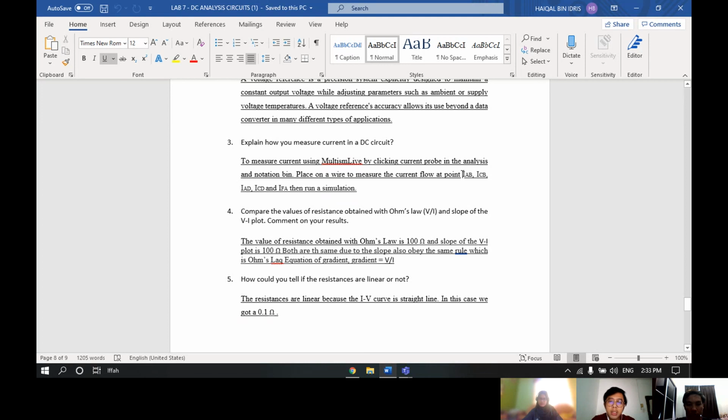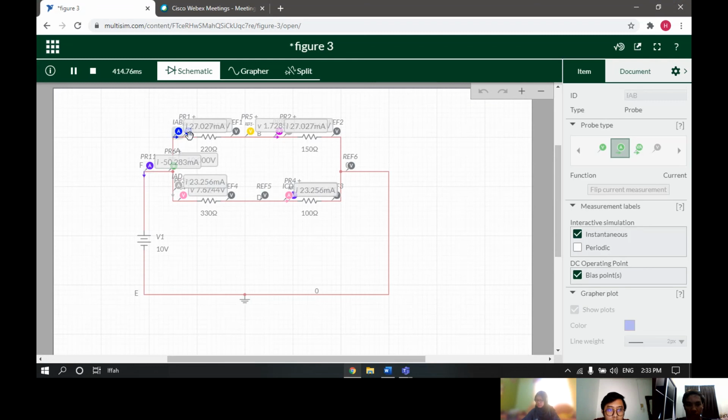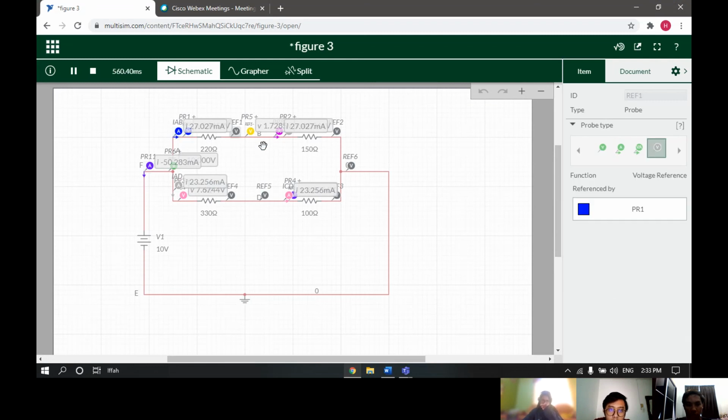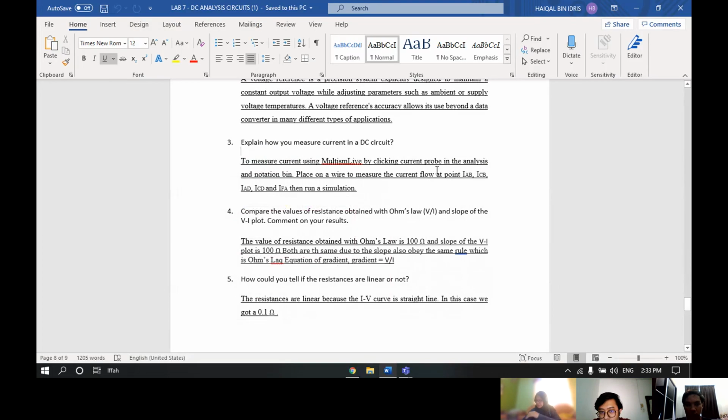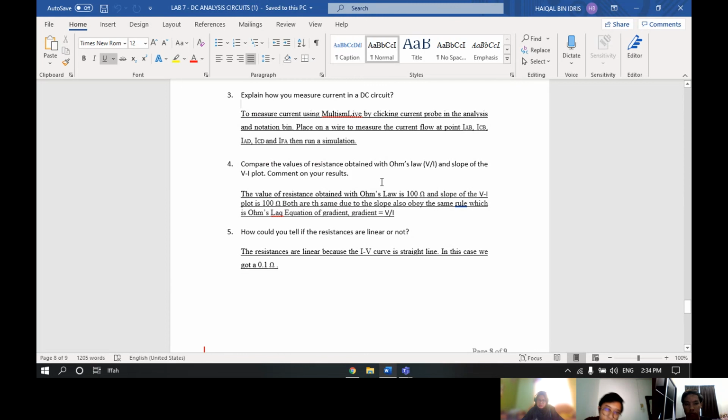To measure current using MultisimLive, we click the current probe in the analysis and instrumentation bin, and place the probe on a wire to measure the current flow at points AB, CB, AD, CD and FA. Then we run the simulation to get the value.